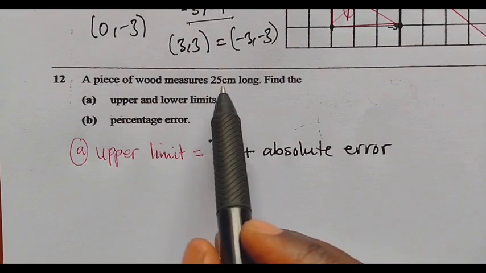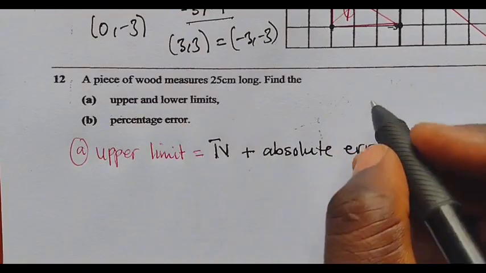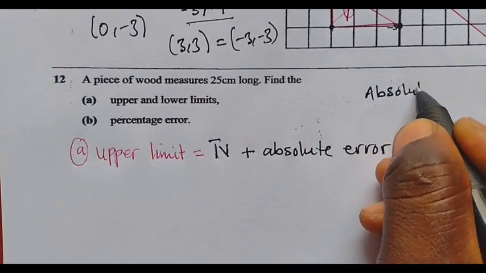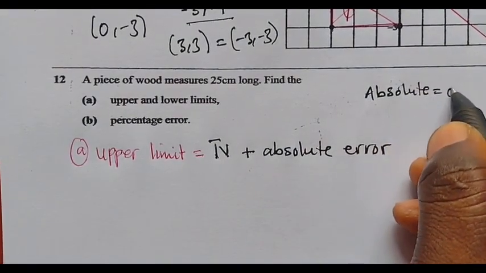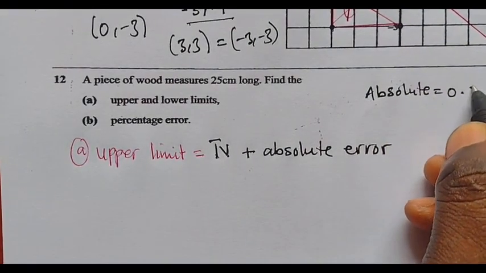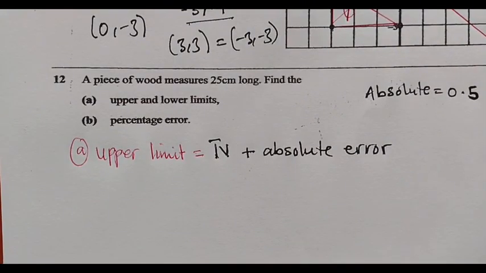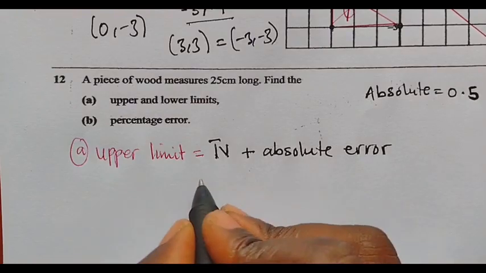If you have a whole number, the absolute error for the whole number will be 0.5. That will be our absolute error.